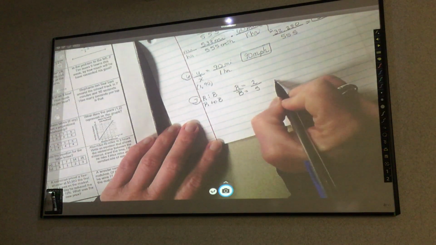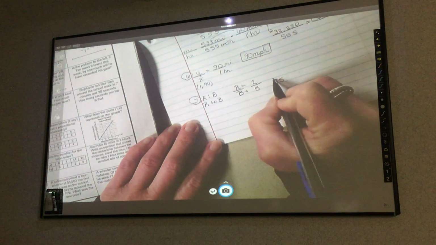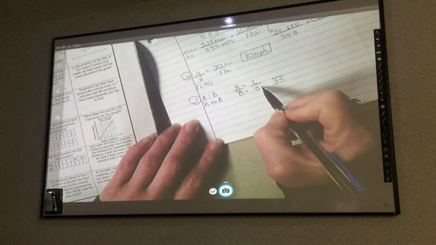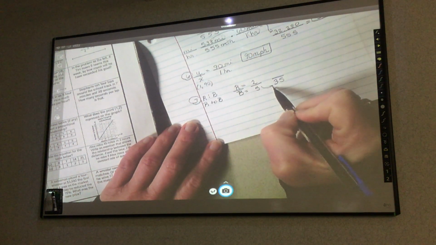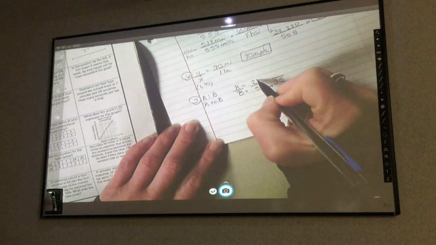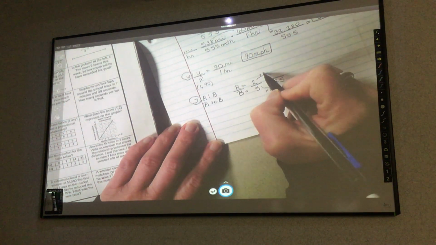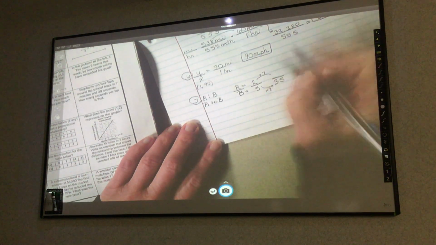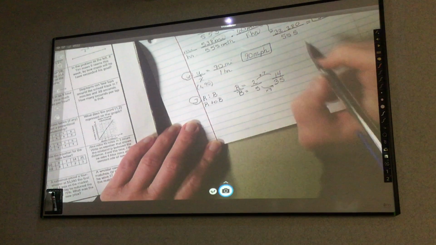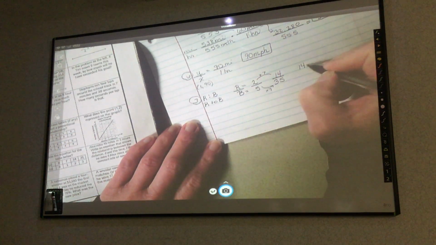So I know I have 35. We need to make it an equal proportion. How do I get from 5 to 35? Times 7. If I did the bottom times 7, I need to do the top times what? 7. So then I have 14. How many red marbles are there? There are 14 red.